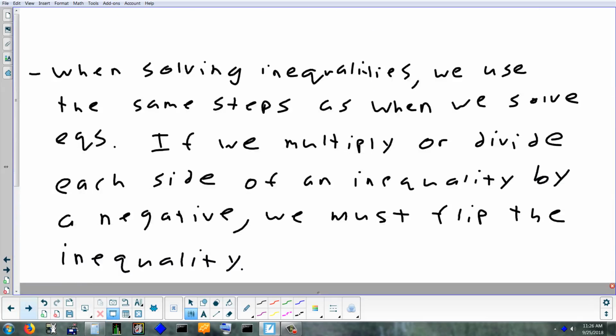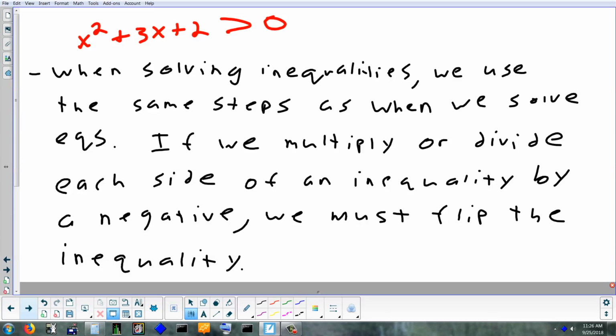So, it's kind of a lot to say, but if you already know this rule, you don't have to write it down. If you multiply or divide each side by a negative, you have to flip the direction of the inequality. Other than that, you use all the same steps as if you were solving an equation. Today we're not going to talk about higher order inequalities, like a quadratic inequality.